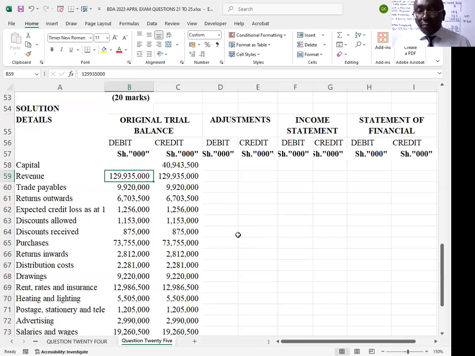Yeah, credit. Trade payables, debit or credit? Credit, good.